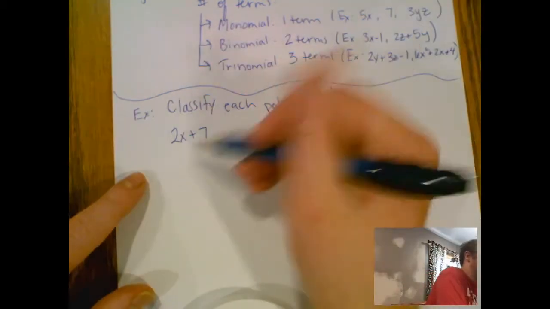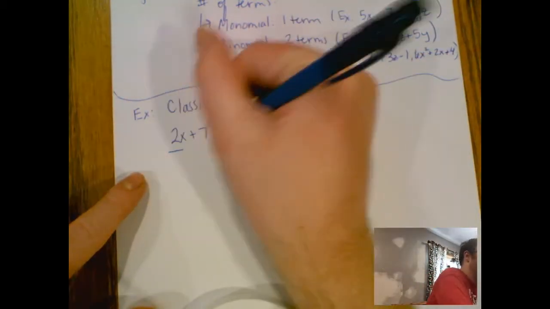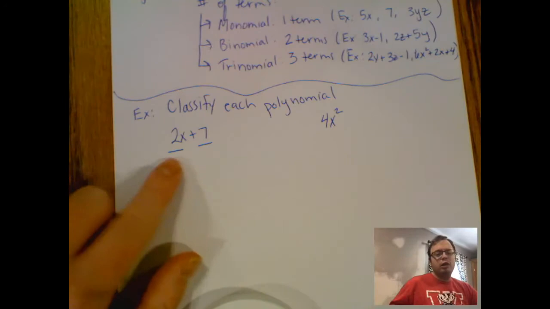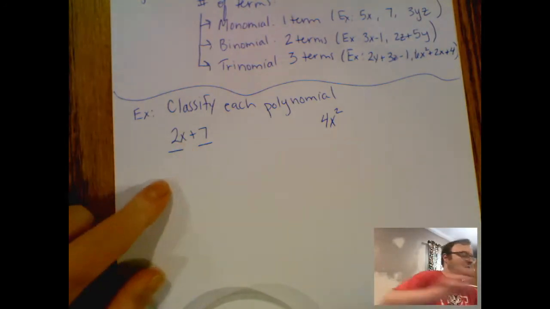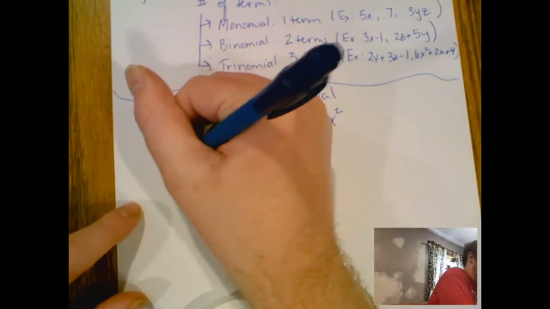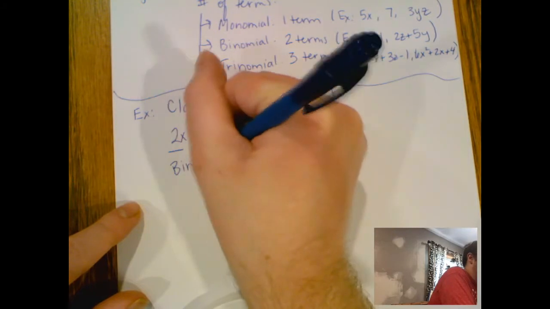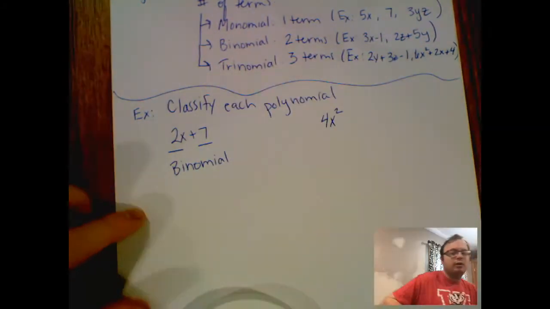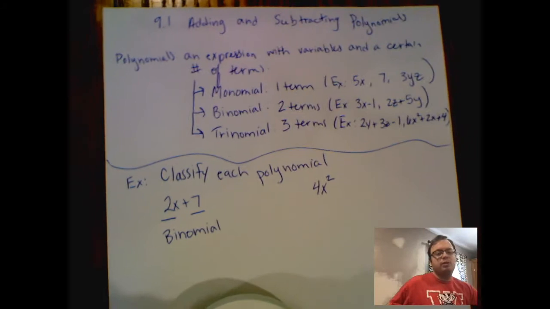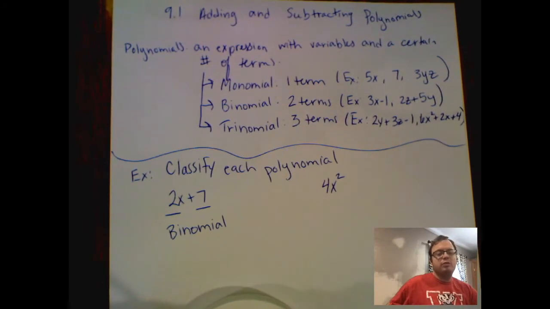I know that is two terms, 2x and 7. Those are two terms combined by an addition symbol. That is going to give me a binomial. Two terms means binomial. I'll put everything in so if you're still taking notes on the top part, you can still see it. 2x is a term, and 7 is a term.